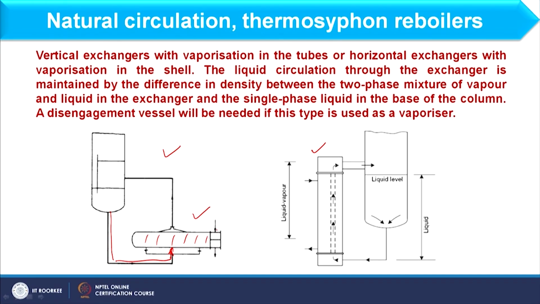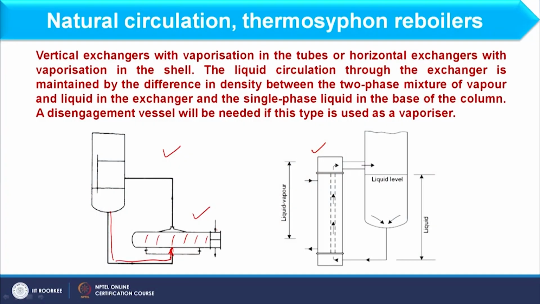If I am considering the horizontal reboiler, boiling will take place at shell side, right, and if I am considering vertical reboiler, boiling is always taking place in tube side. Okay. So, we have only two combinations, if horizontally placed, shell side will be the boiling space, and if vertically placed, tube side will be the boiling space.